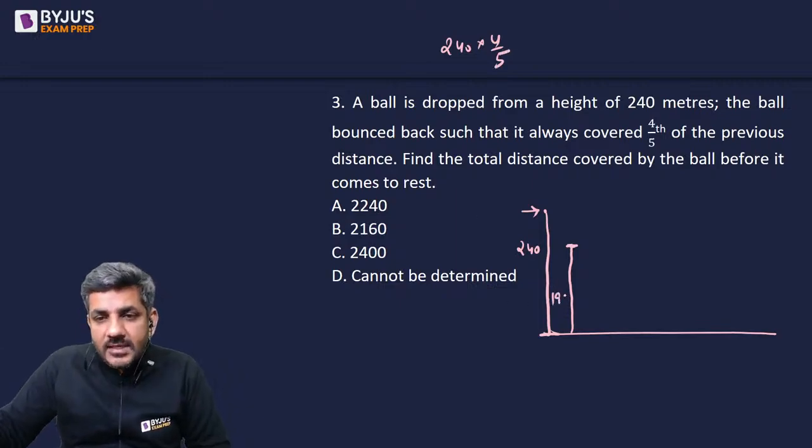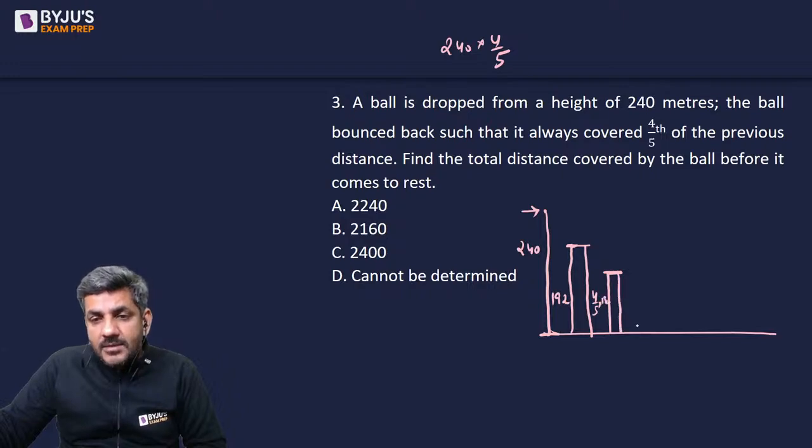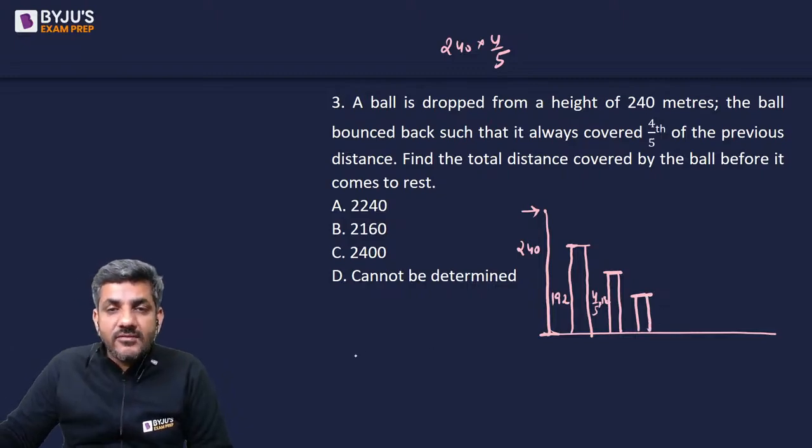192. So that means it will rebound by 192, and of course it will come back by 192, but next time it will rebound by 4/5 of 192. Next time the distance it covers will be 4/5 of 192, it will again come back that much, and next time it will rebound by 4/5 of that. So ultimately, what is the distance covered by the ball?